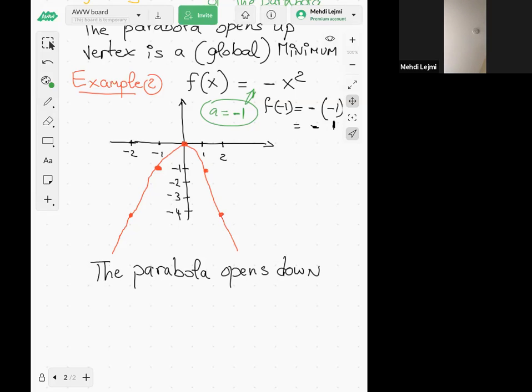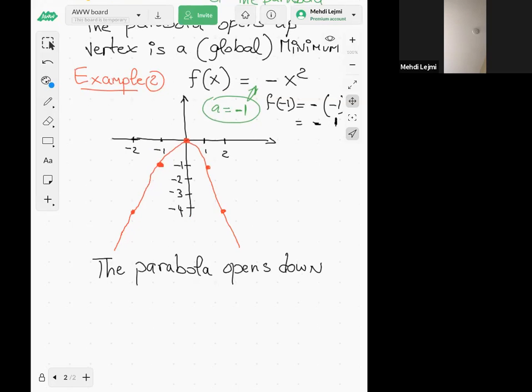So what else? Here again we have a vertex. There's this point here, this is a special point. This would be the vertex of the parabola, right? And now, because your parabola opens down, this vertex would be the highest point in the graph.